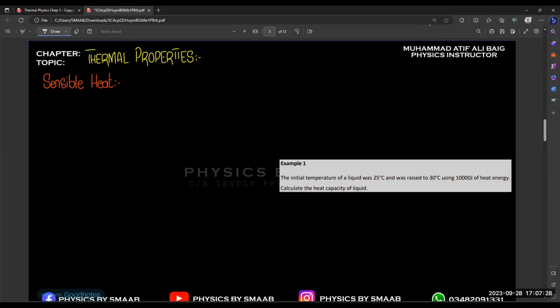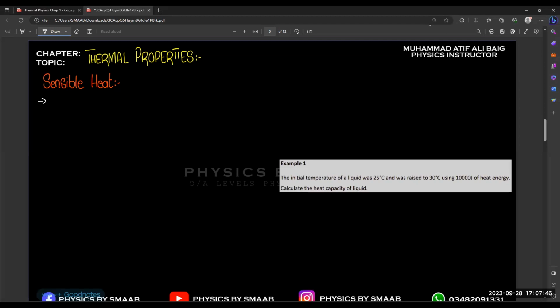If we talk about sensible heat, by the name you can identify that this type of heat can only be sensed, right? Like we use a thermometer to measure the temperature. To sense that heat, we use a thermometer.